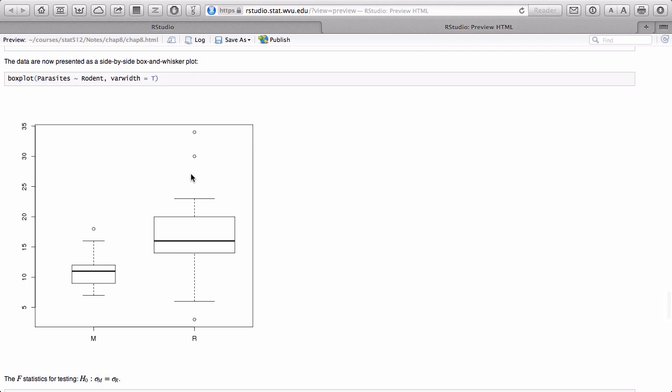So if we have an assumption that the variances are equal, I look at that plot and I say, well, I'm not so sure about that, because on the right it's wider than on the left. And then normality, if you have normality, you shouldn't really have those outliers there. And so it looks like maybe we're violating some of the assumptions. So the box plot is very, very nice for looking at the assumptions of the two-sample t-test. At a glance, I can tell maybe I've got a problem.